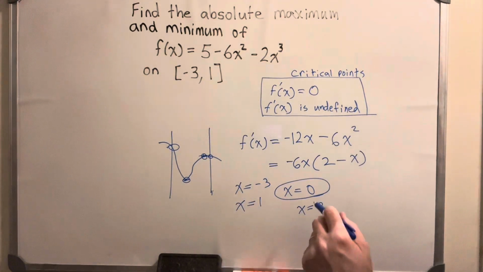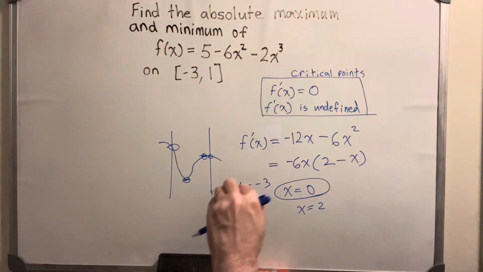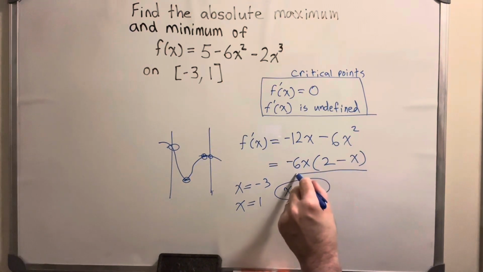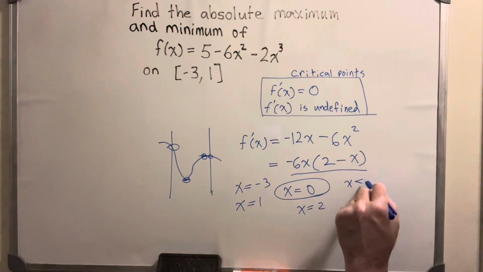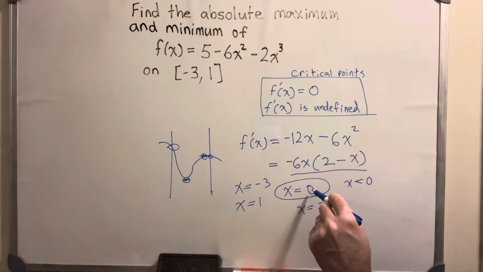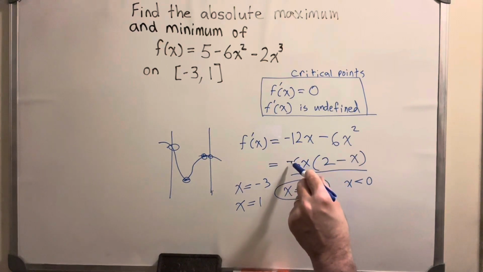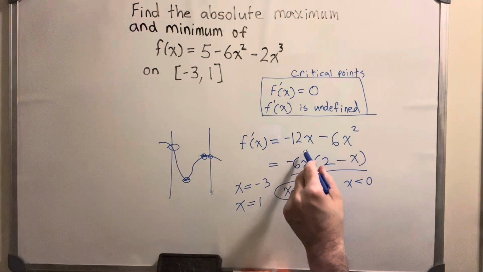But did we forget to do something? What is this, a maximum or a minimum? How can we tell? By analysis of the derivative function. Let's say that x is slightly less than 0. If x is slightly less than 0, in the neighborhood of 0, then this would be a small negative number. -6 times a negative number would be positive, yes?